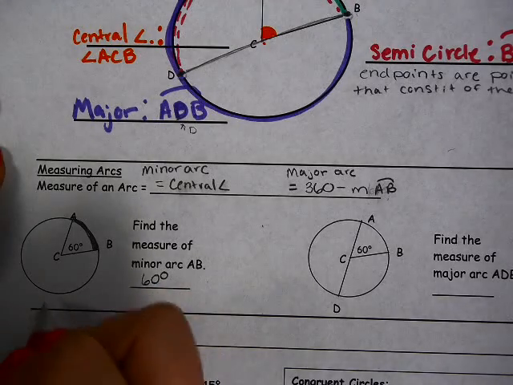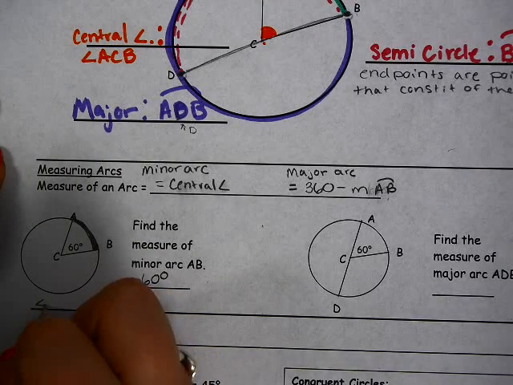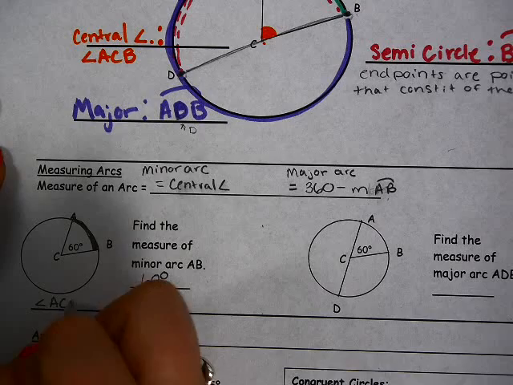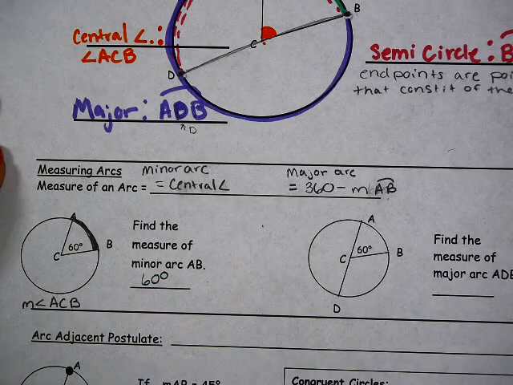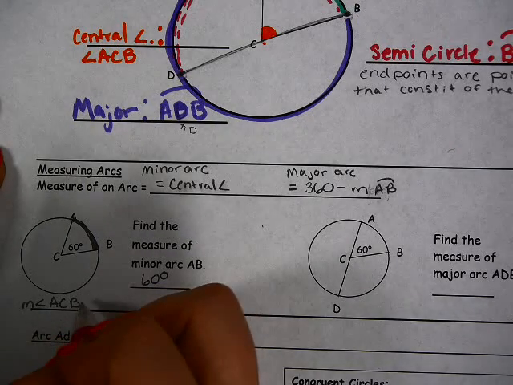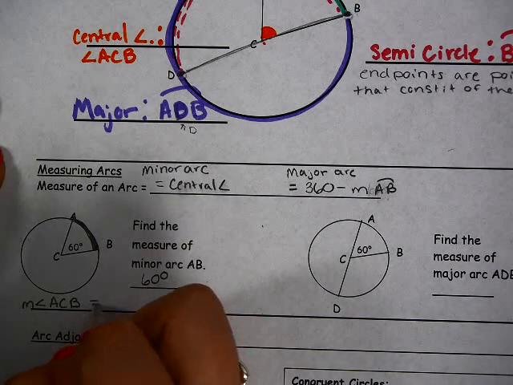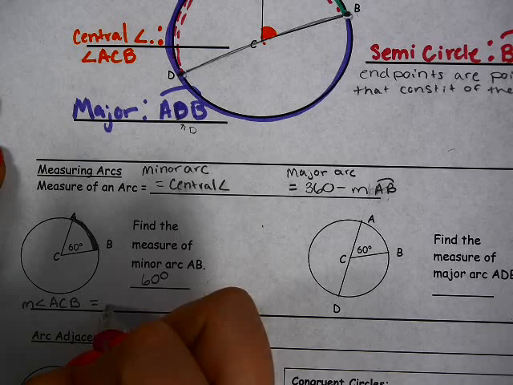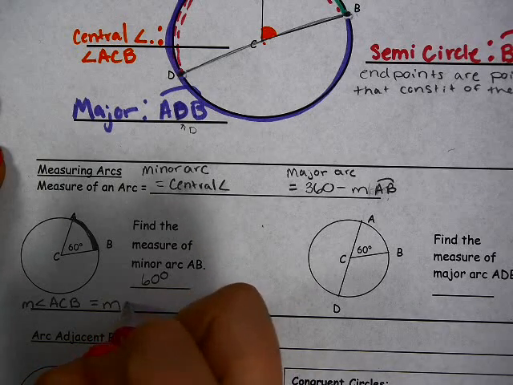Okay, and if we wanted to write that out, we would do the measure of angle ACB. Got to make sure you put that measure there. Measure of ACB equals the measure of AB.